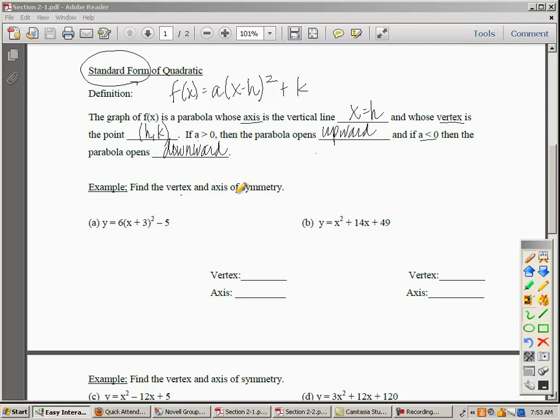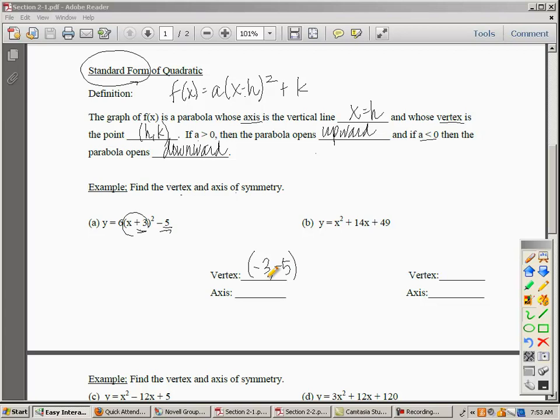So I'm going to start with this example A. The question is, where's the vertex? The vertex occurs with h and k, and it's always going to be x minus h. As I look at it, it really is the opposite of what's in the parentheses. So my vertex occurs at (-3, -5), because I'm moving left 3 and down 5. So left 3, down 5.